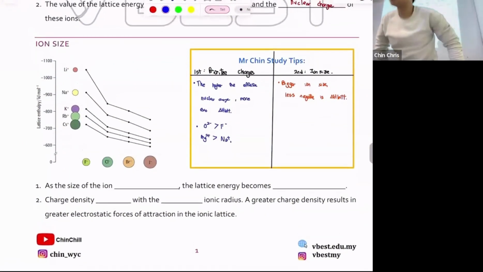Okay, finish up. Give me a minute, I go washroom and water. Go, go, go. Give you guys about 1 minute break, 2 minutes break.